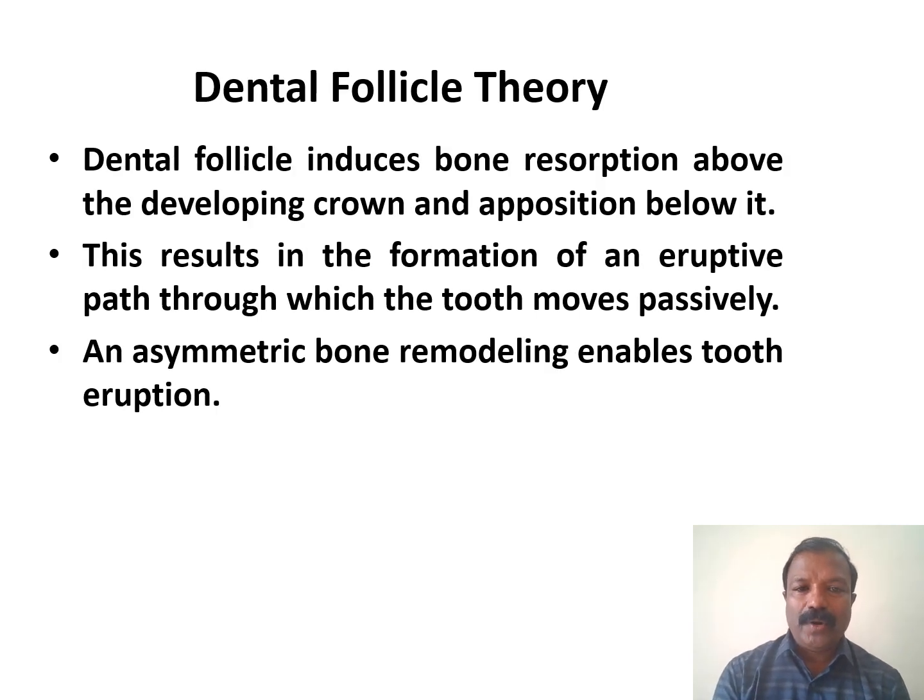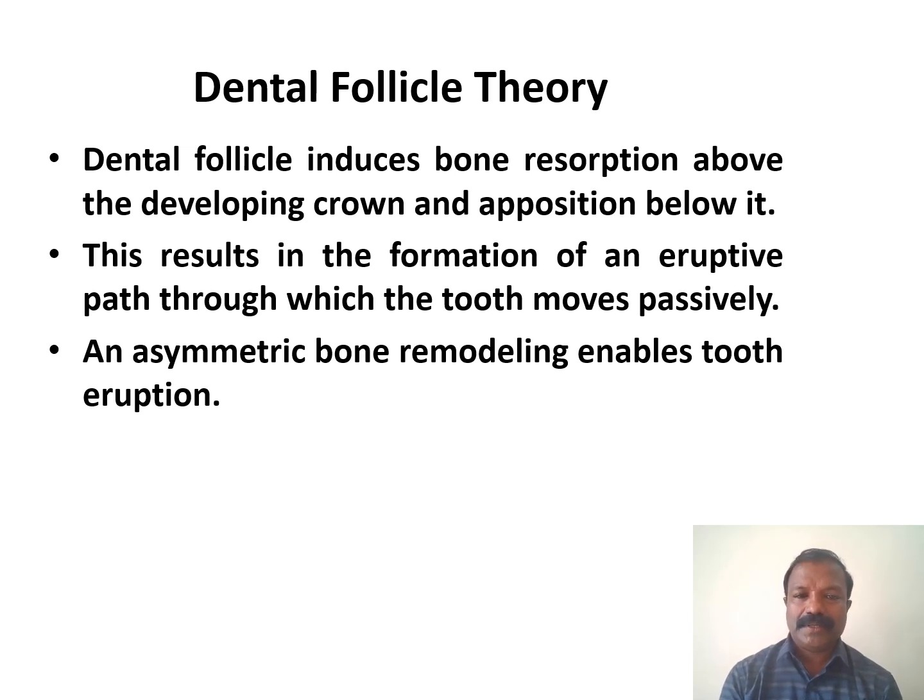Next is the dental follicle theory. The dental follicle induces bone resorption above the developing crown and bone apposition below it. This results in the formation of an eruptive path through which the tooth moves passively. So here an asymptomatic bone remodeling enables tooth eruption.